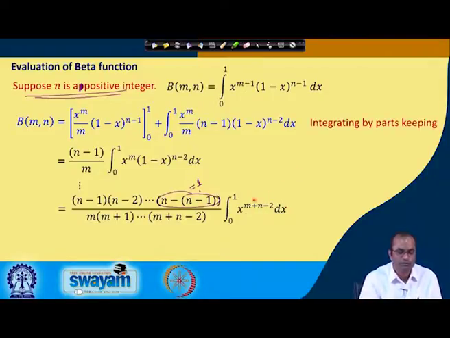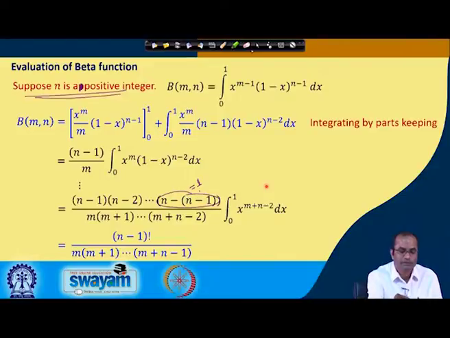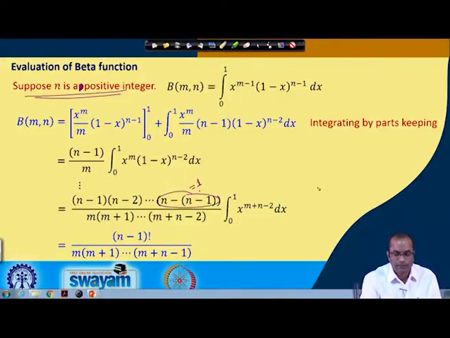So, we have only one term in the integral, and this is easy to integrate. What we get after this integration is x power m plus n minus 1, because we add 1, and then this is divided by the same term, with the limits 0 to 1.